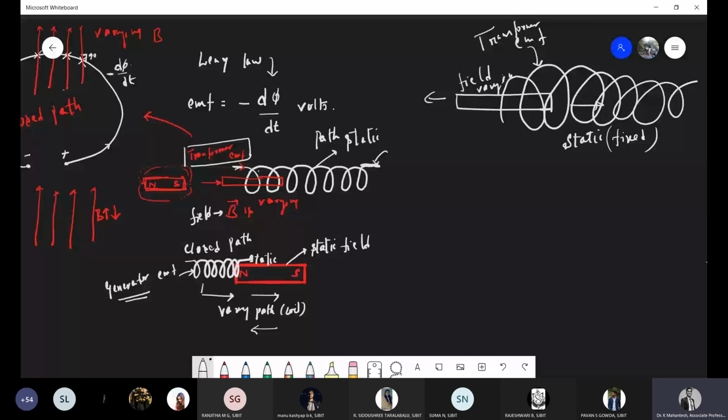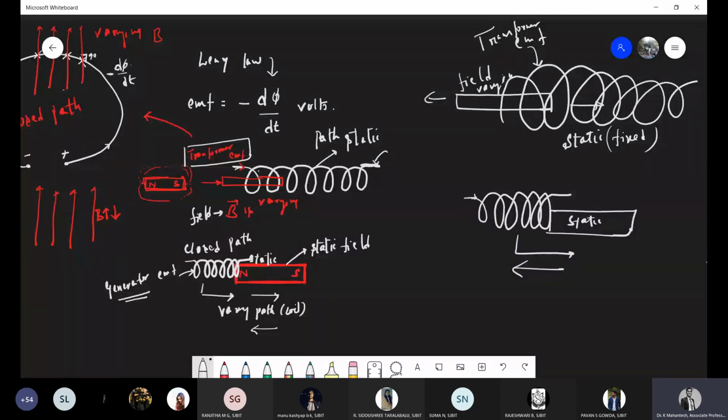Whereas if we have kept field as constant, so now this field is static. I am just representing this bar magnet as a magnetic field, and now you vary this coil. You just try to vary this coil, push it inside such the way that it will cover this magnetic field and bring it out.